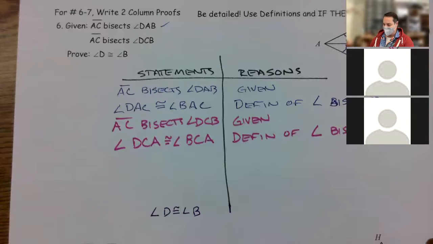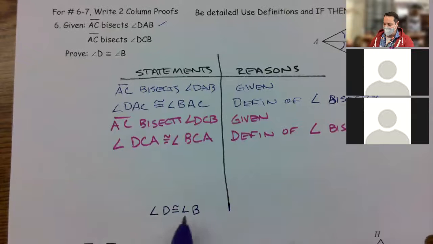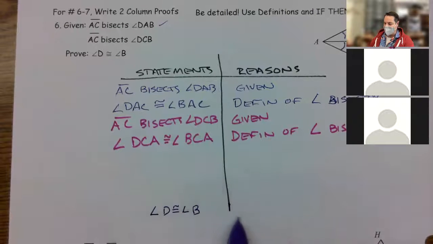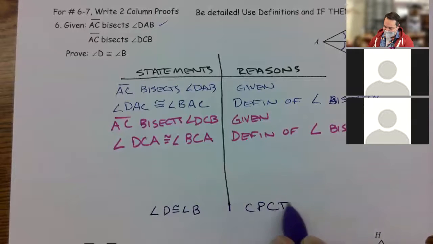Yeah, ASA proves triangles are congruent. Oh, CPCTC. There you go, CPCTC.